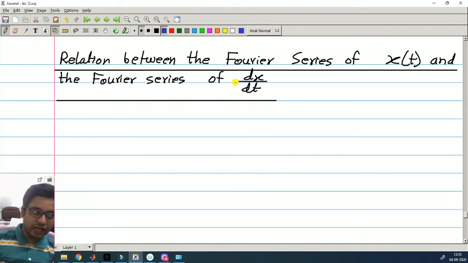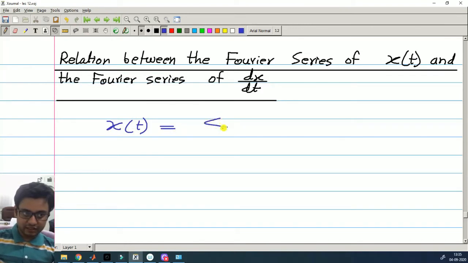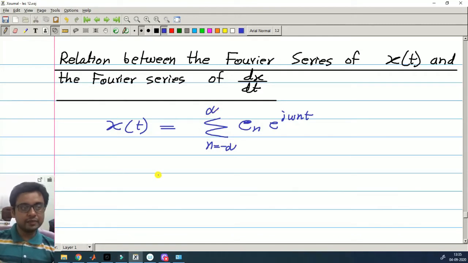Next, we shall see a relation between the Fourier series of a signal and the Fourier series of its derivative. Suppose the Fourier series of a periodic signal x(t) is like this: sum of Cn e to the power j omega n t, n from minus infinity to infinity.